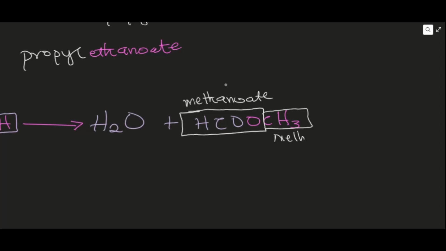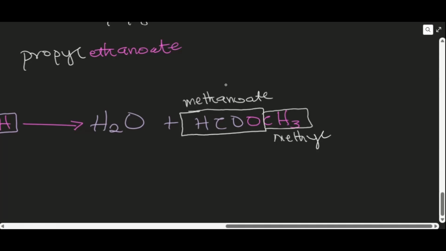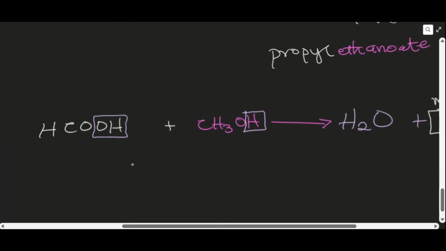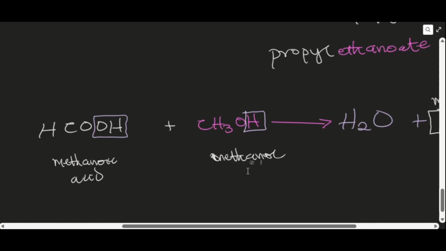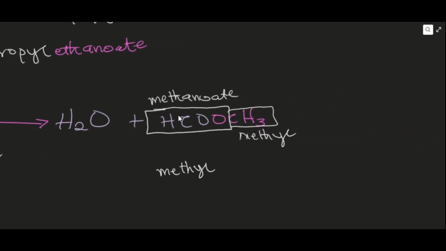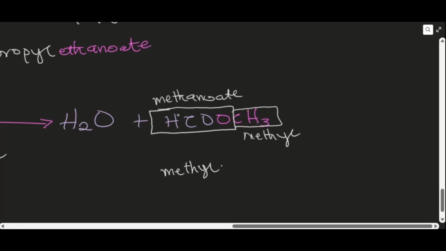It is methyl, the way we had it last time up there. So the name is going to be methyl methanoate. This is methanoic acid, and this is methanol, not ethanol. So this is easy, meth. So eventually we are going to have methyl methanoate.